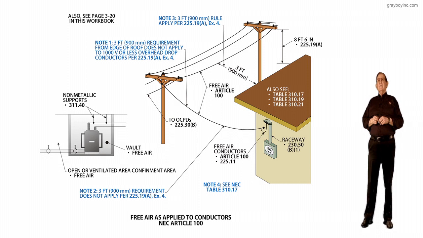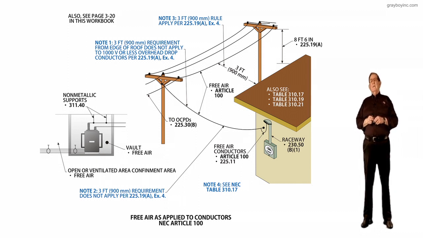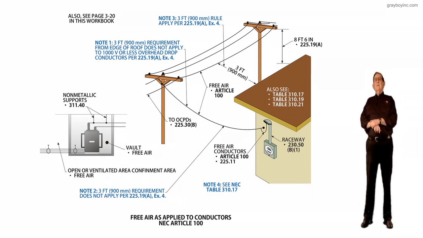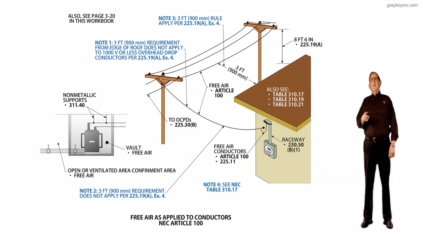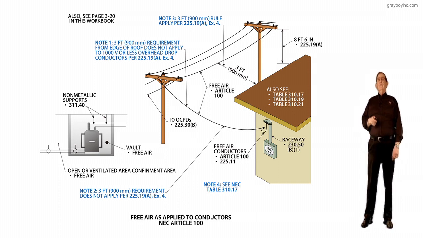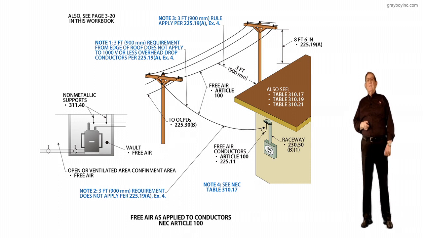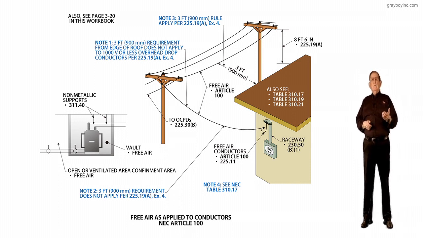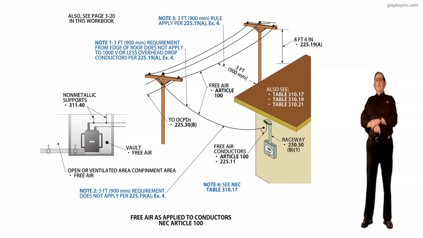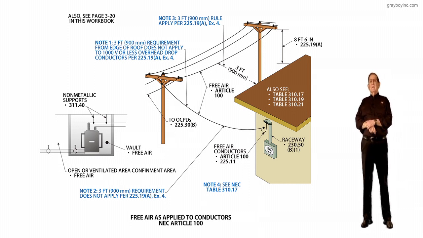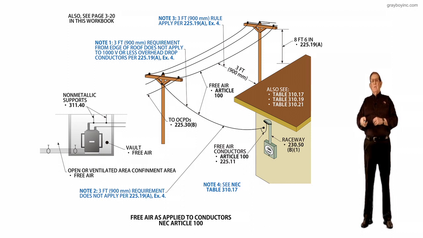Now, next I would like to review our notes, and note 1 says the 3 foot requirement from the edge of the roof does not apply to 1,000 volt or less overhead drop conductors per 225.19(A) exception 4. And then when we go down to item number 2, it talks about the 3 foot requirement does not apply to this drop here according to 225.19(A) exception 4.